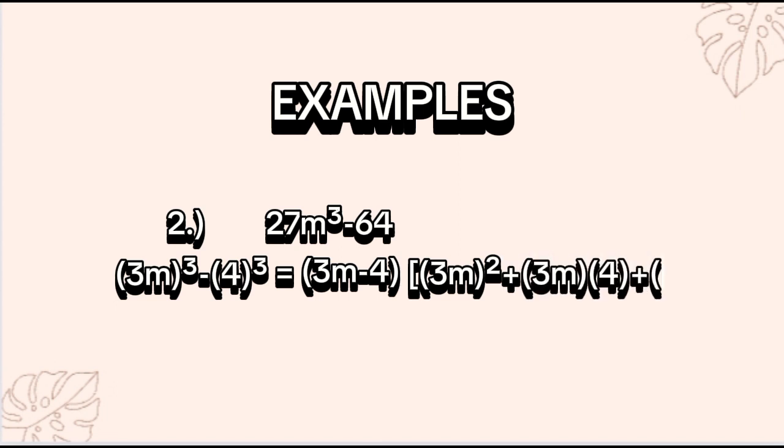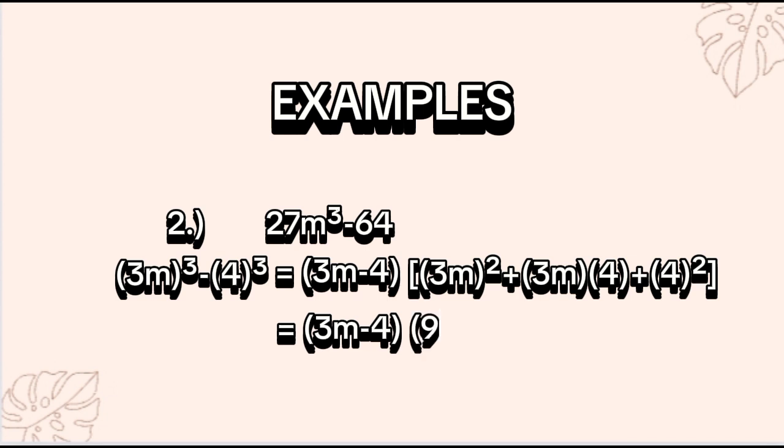Then add the product plus 3m times 4, plus the square of 4 is 4 squared. So copy 3m minus 4 times the quantity 3m squared is 9m squared, plus 3m times 4 is 12m, plus 4 squared is 16. So the final answer is the quantity 3m minus 4 times the quantity 9m squared plus 12m plus 16.